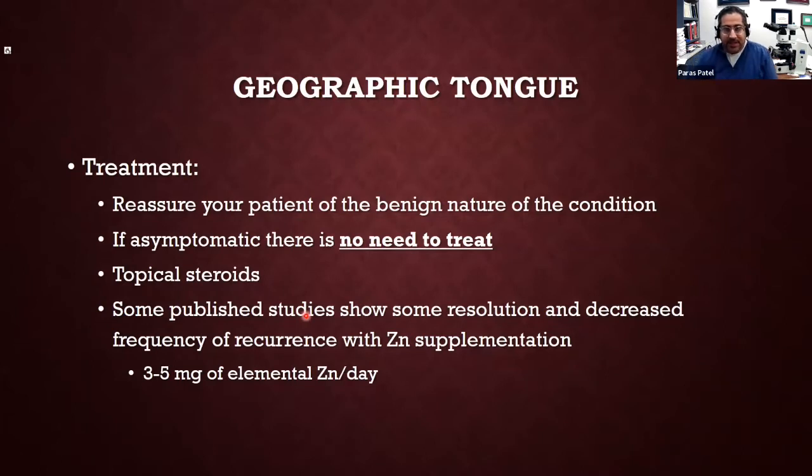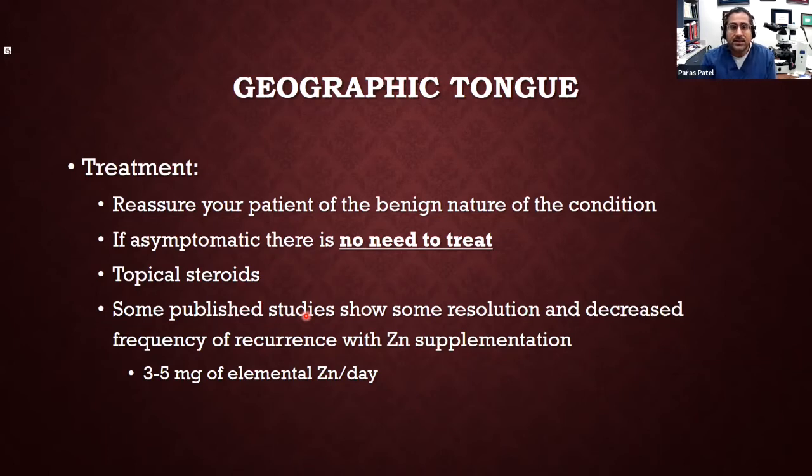Most patients are going to be asymptomatic, like I said, so just reassuring them of what the process is going to do a lot. If the patient is symptomatic, you may need to treat the patient. Oftentimes a topical steroid will work. Some published cases or studies have shown resolution with zinc supplementation, where they use elemental zinc at 3 to 5 milligrams a day.